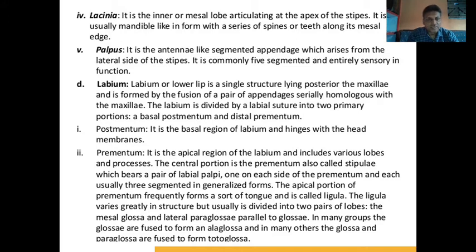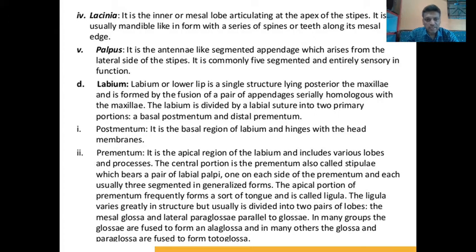Then the labium. The labium is called the lower lip of the insect. It lies on the posterior end of the insect. This labium is divided into two primary structures. One is the postmentum, the basal region of the labium, which hinges with the head membrane.